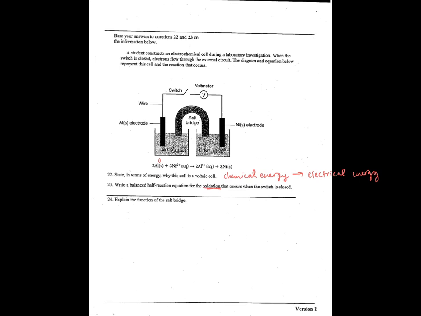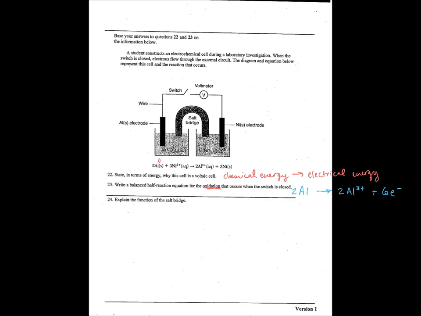Let's do blue. So it does Al to 2Al3 plus. Each Al loses 3 electrons, but since we have 2 of them, we have to double it. So that's 6 electrons.